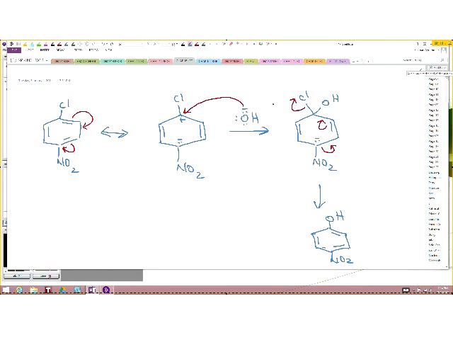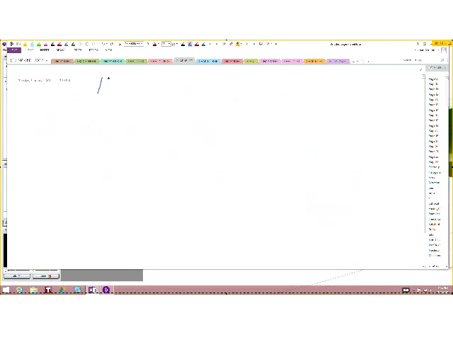Now I also want to introduce you to another reaction, the formation of benzyne intermediate.